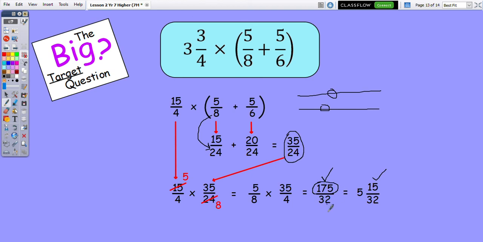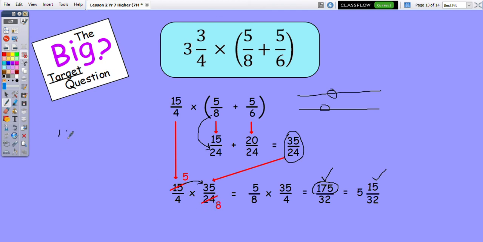I've simplified here. Okay, so 15 times 35 is quite a big number. So rather than me do that and mess it up, which I just have, I simplified. I took these fractions and I looked at them, and I realized that 15 and 24 have something in common.